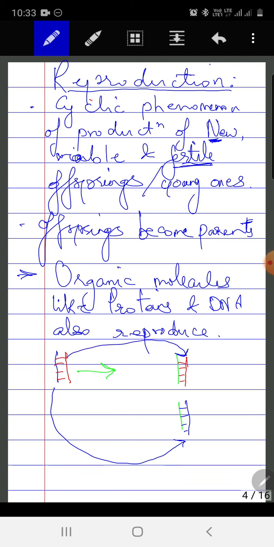The strands are thread-like structures. Now, on these strands, a new strand is formed, and these two are now the new DNA molecules. So, if you consider this as a parent DNA, due to the contribution of this, new DNA molecules are produced. So you can say DNA can reproduce.